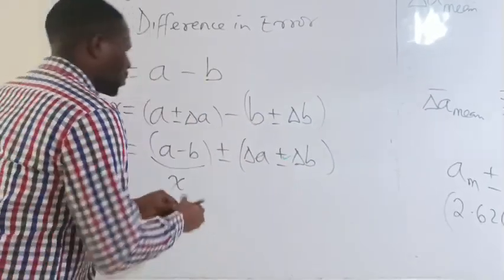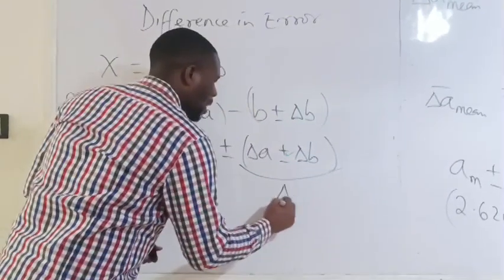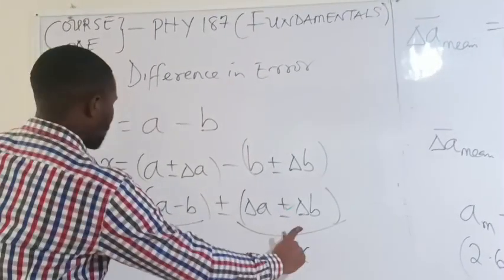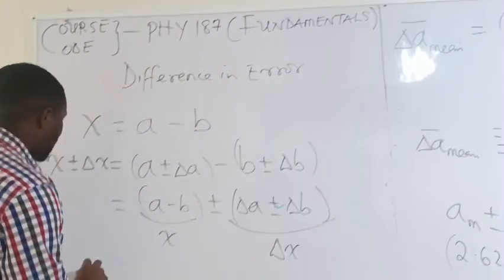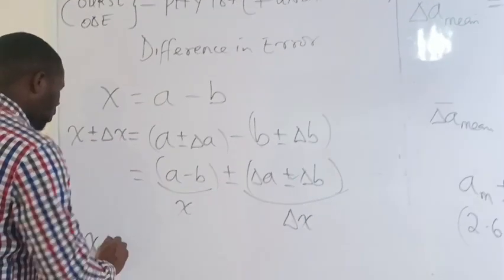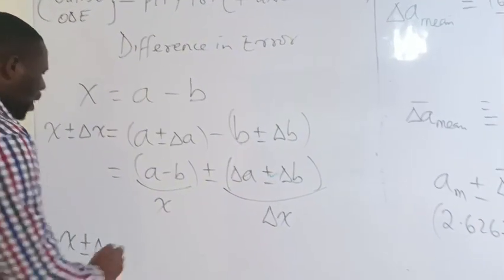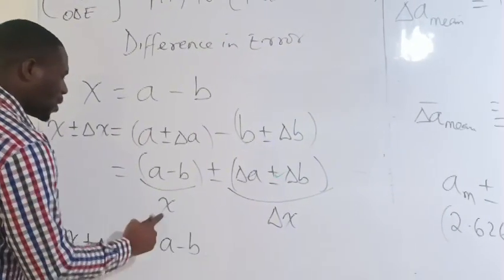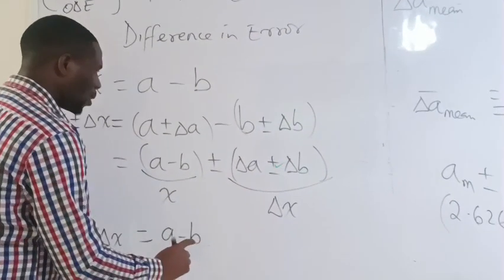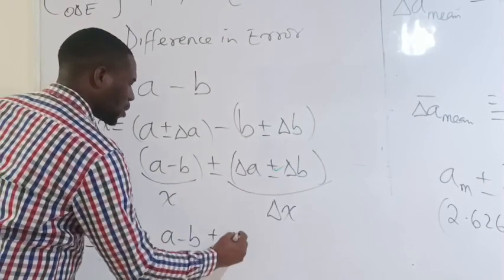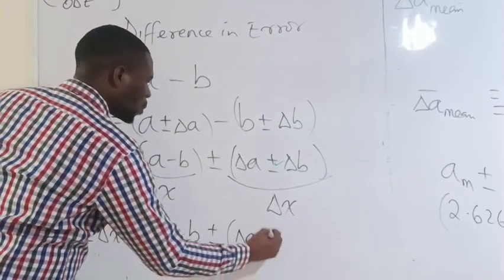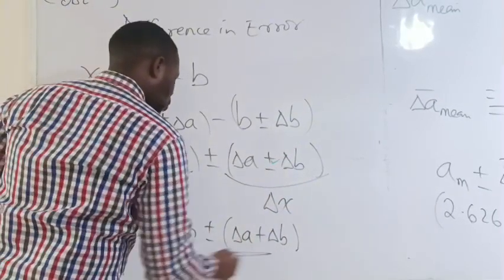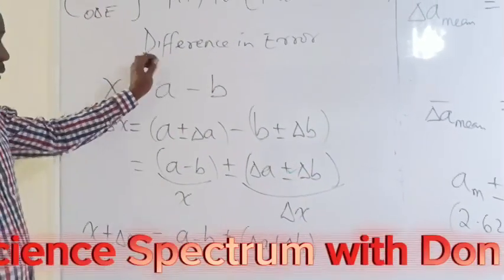So this term is the same as the absolute error in x. This is x, this is plus or minus the absolute error in x. So finally, x plus or minus the absolute error would be a minus b, which is the same as x, then plus or minus the sum of the absolute errors in both quantities. This is how I would report the difference in error.